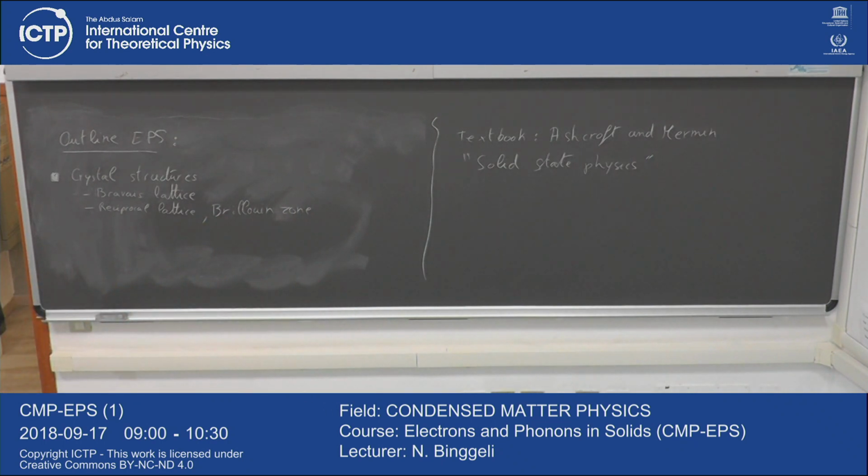So this is the first part of the course, which will be on the crystal structure, the general properties of crystal structures. Then we will move to the properties of electrons in an extended periodic system.